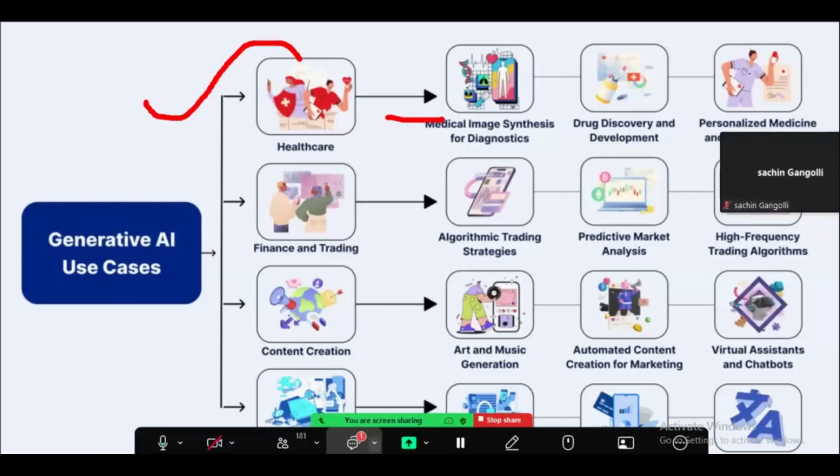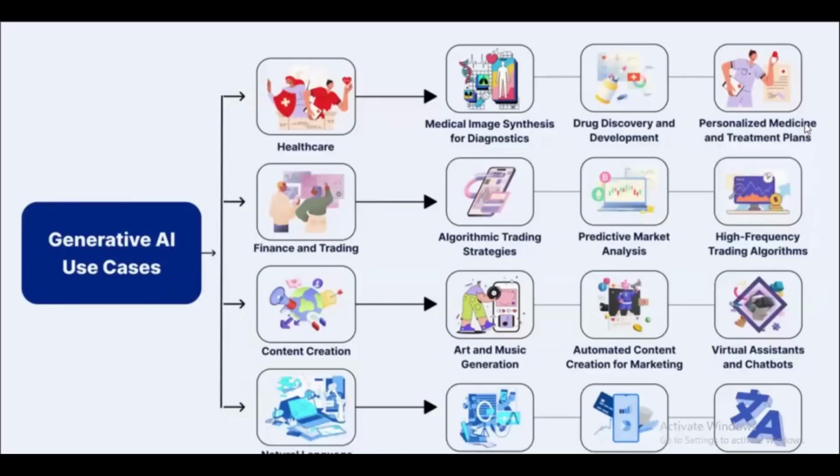If you have an image, you are going to upload it. Drug discovery and development: if you have something and you want to find a drug, or you already have drugs and some components, you are going to provide those data to the models. They are going to analyze those things. Or you can say personalized medicine and treatment plans.